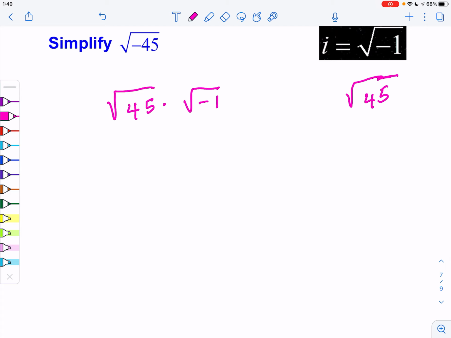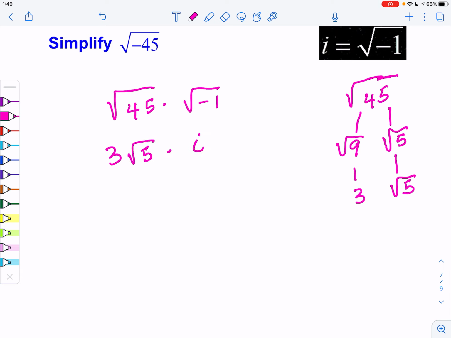The largest perfect square factor is 9, since 9 times 5 gives you 45. The square root of 9 is the whole number 3. 5 is not a perfect square, so rewrite it as the square root of 5. So we're going to replace the square root of 45 with 3 radical 5 times i. And in simplest form, this is 3i radical 5.